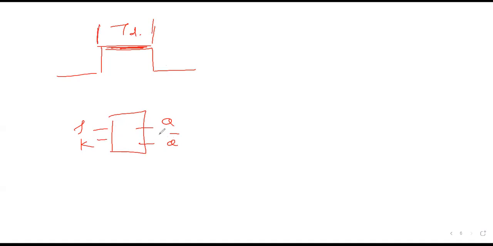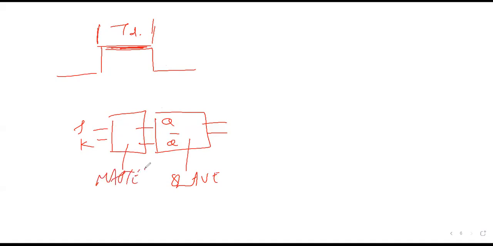But what happens if we introduce another JK, the slave? It means we've increased the delay. With the increase in the delay, it means probably we're approaching the same time.